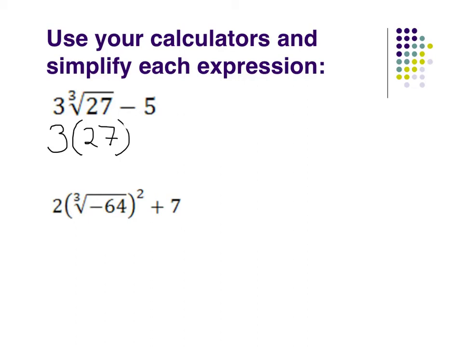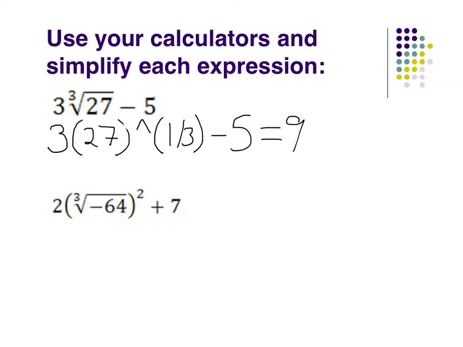Those of you that don't, it'll look something like this: a caret, and then you need to make sure you put parentheses 1/3. There are other ways of doing this. Depending on your teacher, you may be taught a different way. This is how I like to teach it. If you plug this into your calculator like this, you should get the correct answer of 9.